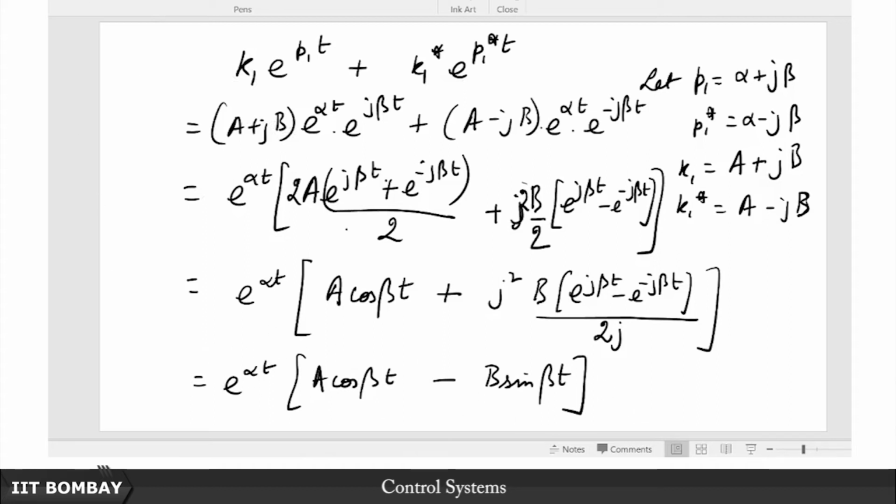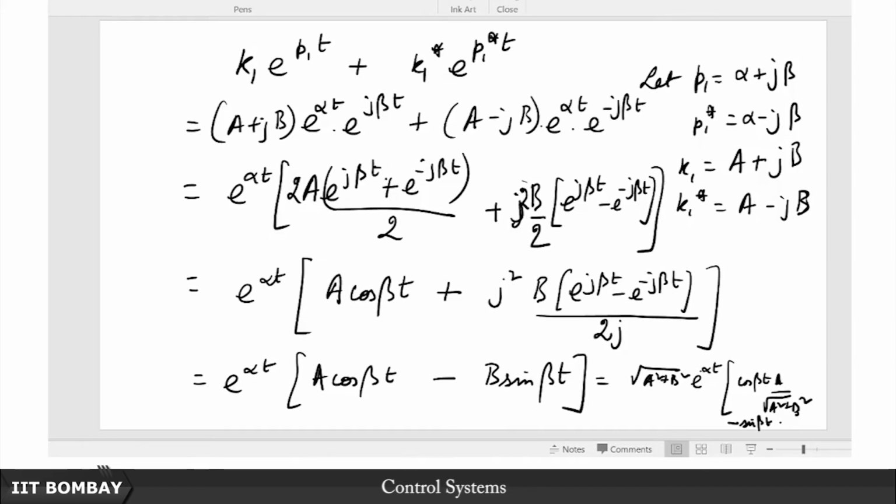Of course, you can take this even further and say, well, I am going to pull out square root of a squared plus b squared and e to the alpha t, and you can always say this is cosine beta t into a over square root a squared plus b squared minus sine beta t into b over square root a squared plus b squared.